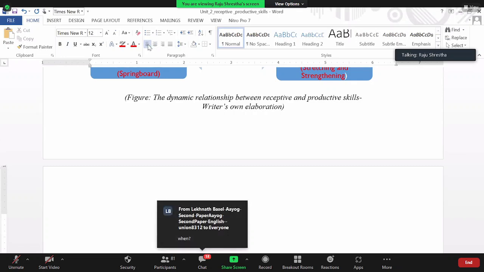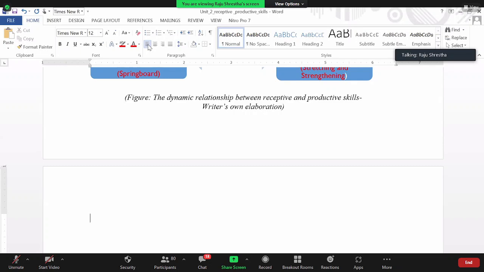The relationship, what is productive, what is receptive, the relationship, and then receptive is related to language input, establishing foundation for the language development. Productive related to language production performance level, and productive skills expand, elaborate, scale up, gear up language development.